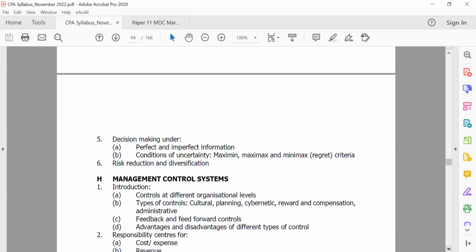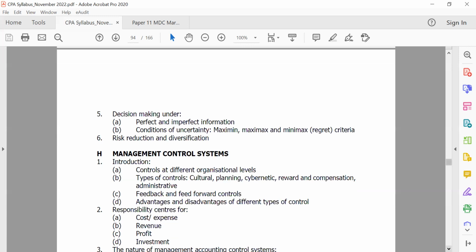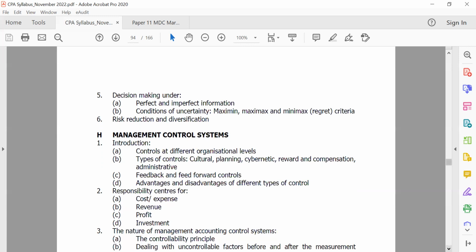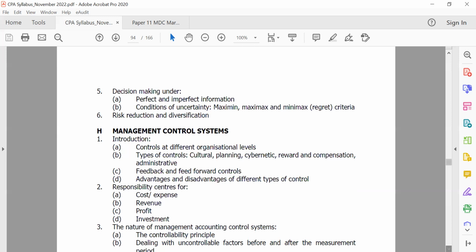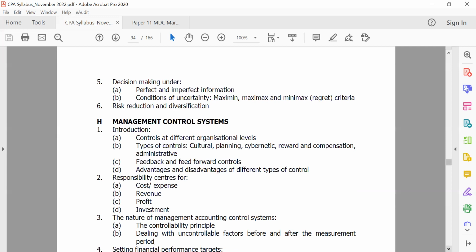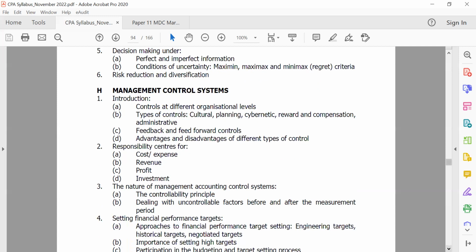So quite different topics. Management control systems are basically to understand how we control the organization. Why this is important is that management wants to have everything in control. If they budget today and say they want to make $10 million in a year, they want to ensure they have some level of control. So we'll understand the different control techniques.